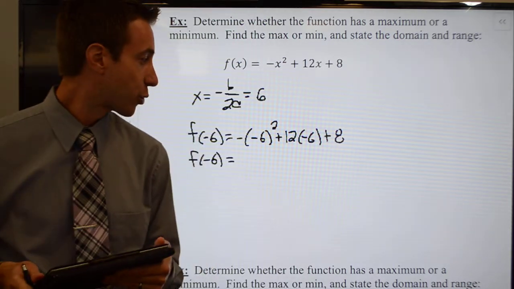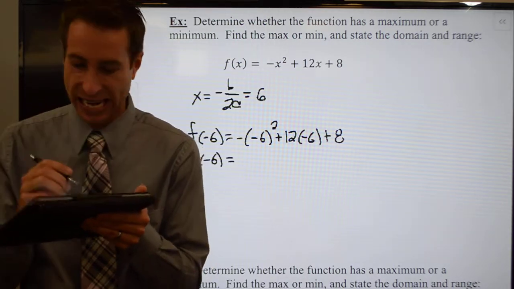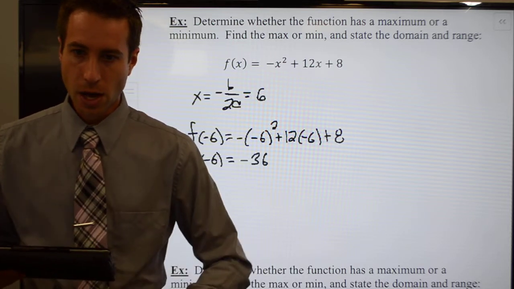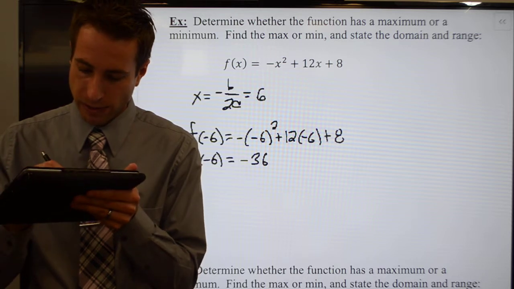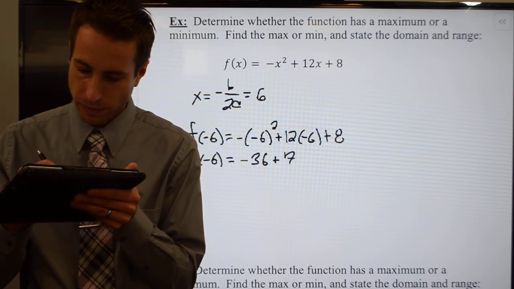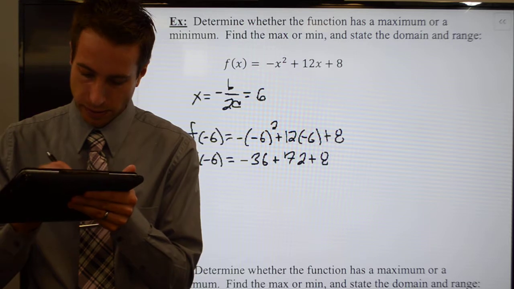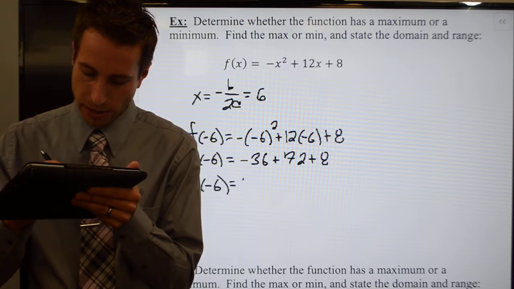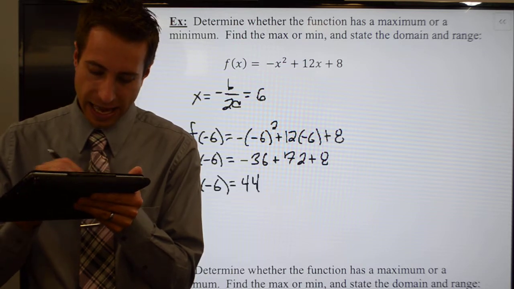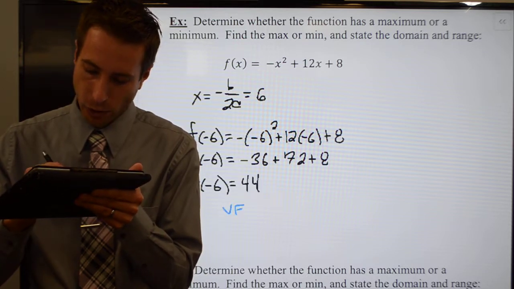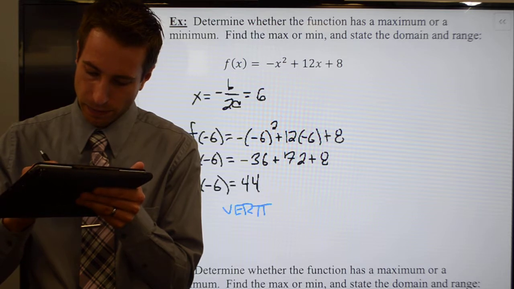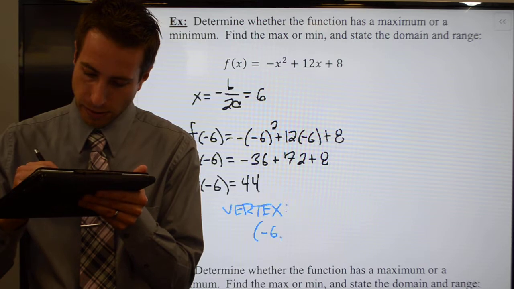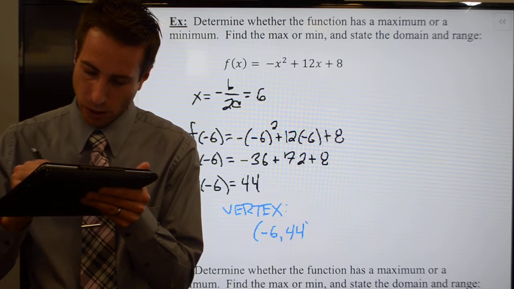A negative 6 squared is going to be 36, but then make it negative again, so minus 36. 12 times a negative 6 would be a positive 72. We'd add 8. Don't fat finger something on your calculator, and you should get a positive 44, which means then that my vertex, which is what I was looking for, is at minus 6, positive 44.